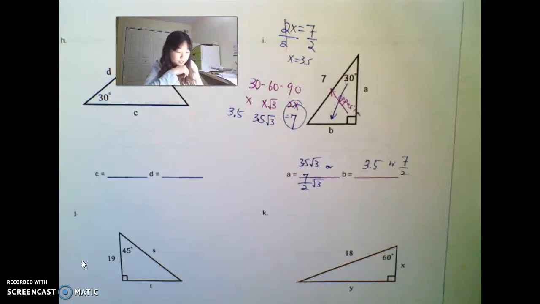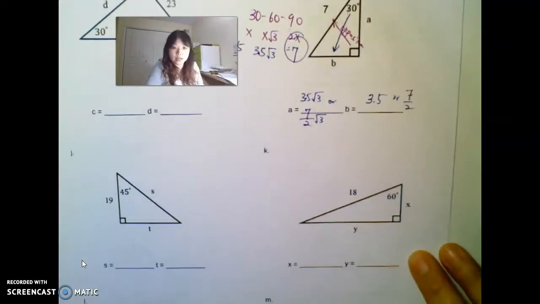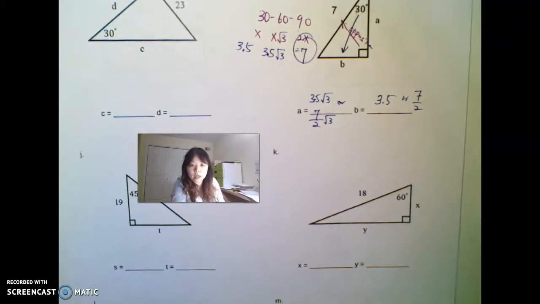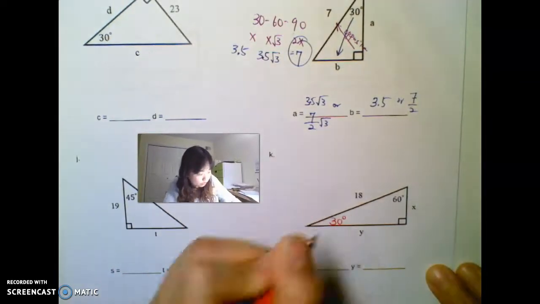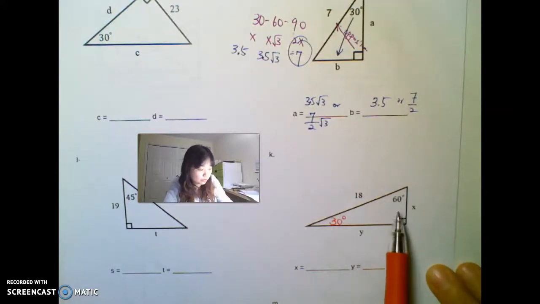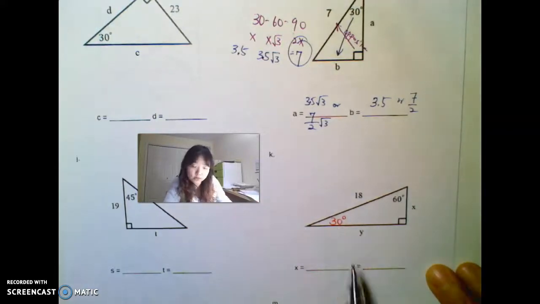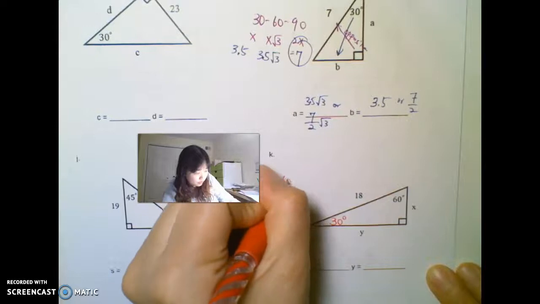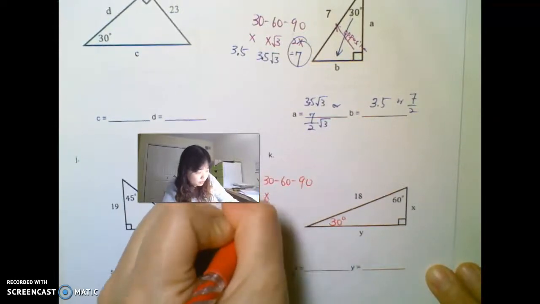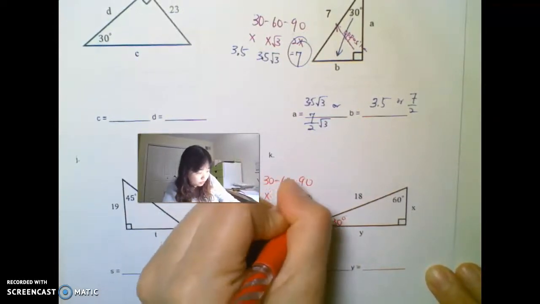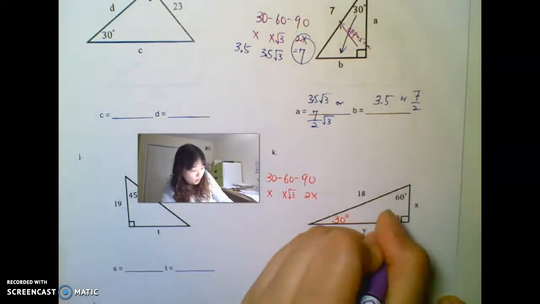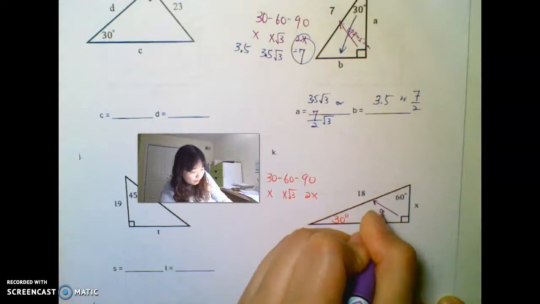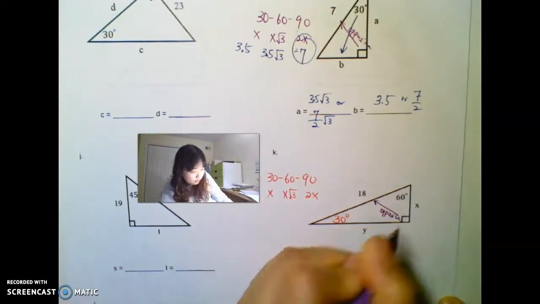Actually, I just realized, okay, let's do K, and let me do it this way. If you see 30, 60, 90, make sure you write the missing part. Like I know this is 90, that's 60, so that's 30. So this is going to be 30, 60, 90. The ratio is x, x root 3, 2x, right? What we have is opposite of 90.